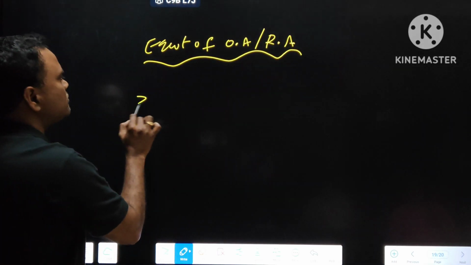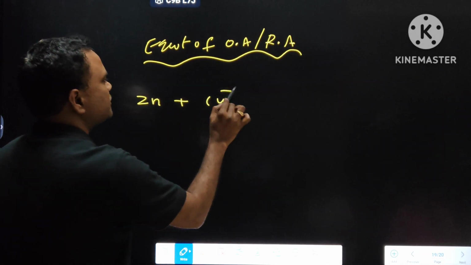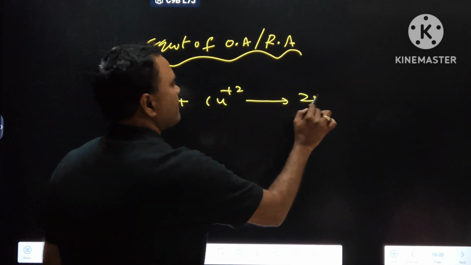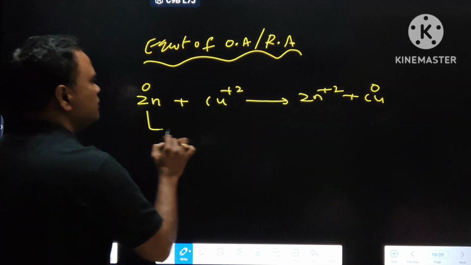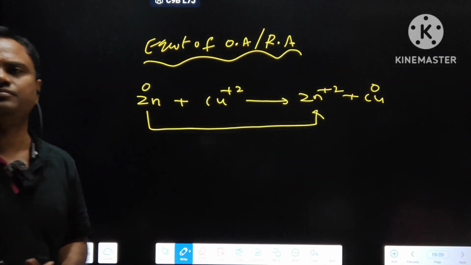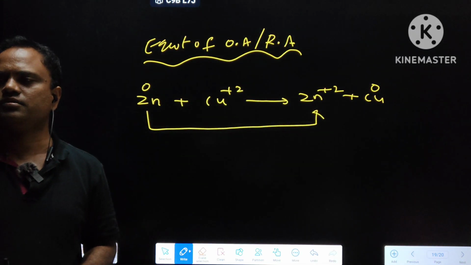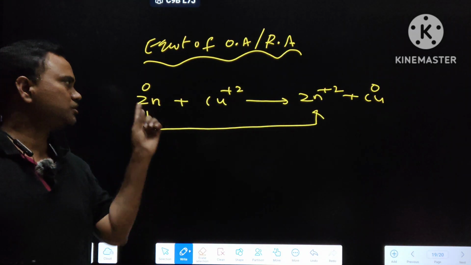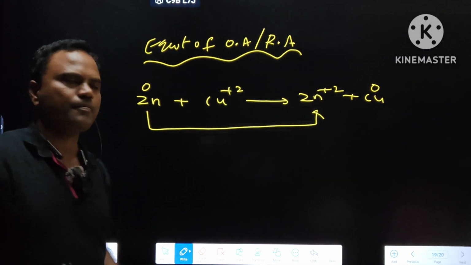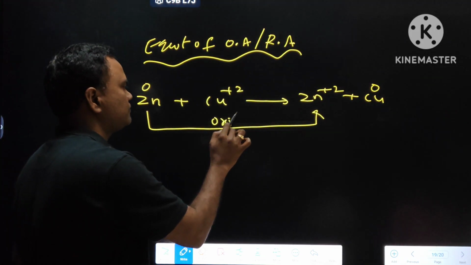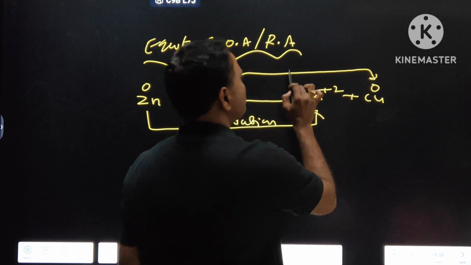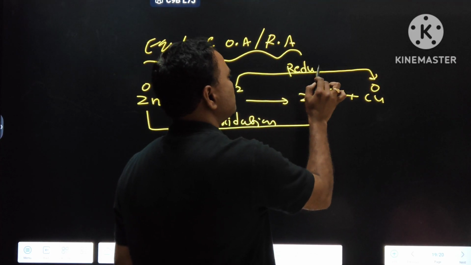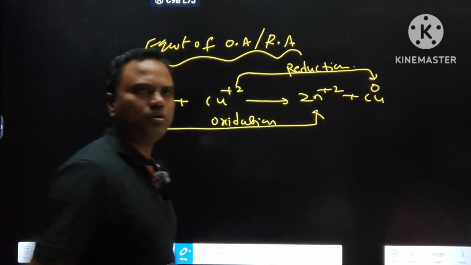First of all, tell me what is an oxidizing agent and what is a reducing agent. Look at this: 0 to +2. Increase or decrease? Increase. This process is called oxidation. +2 to 0 is called reduction.